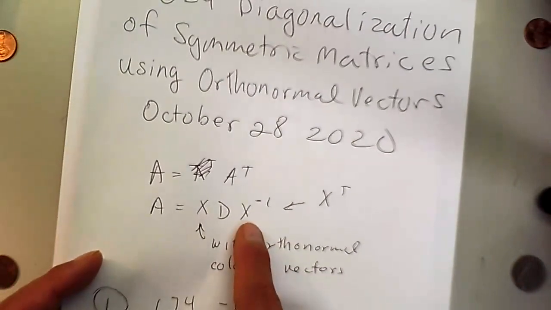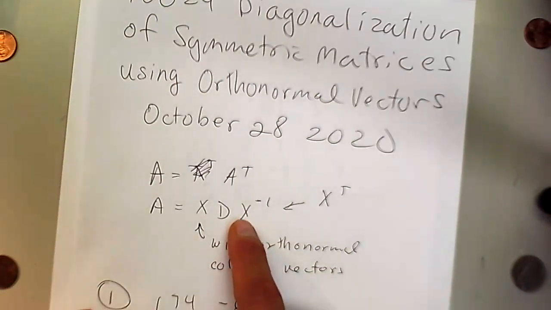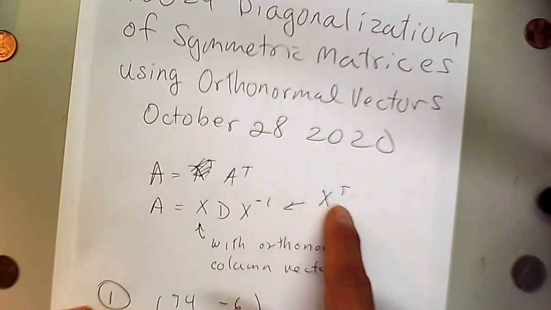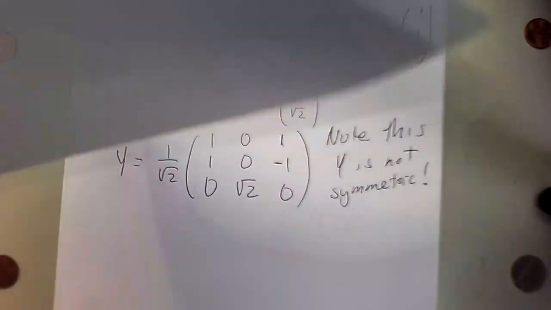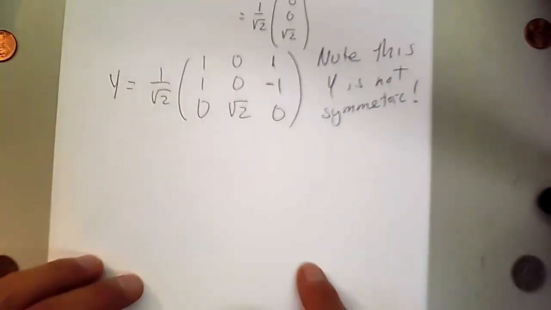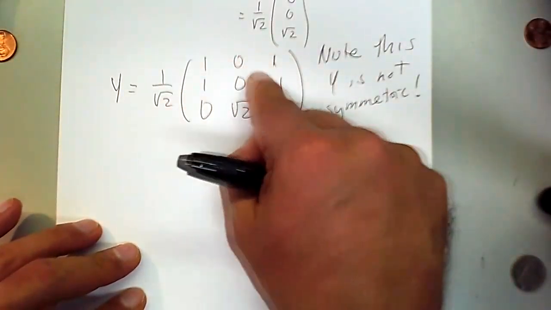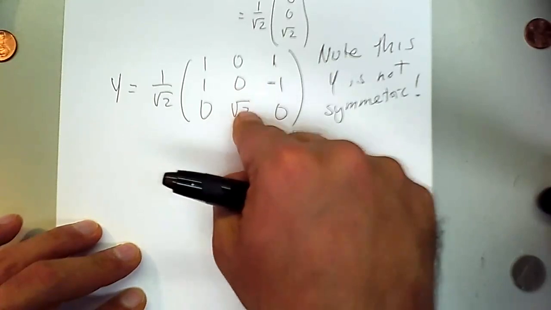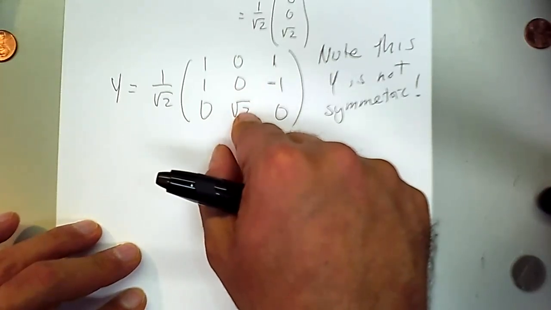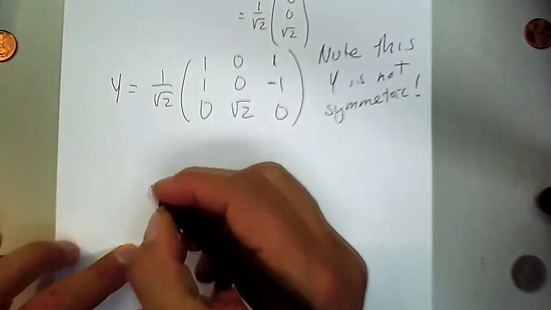Now, I claim, and it is a fact, that the inverse is the same as the transpose of this matrix. Well, let's double check. So the claim is that if we do the transpose of this, we will end up with the inverse of this matrix.